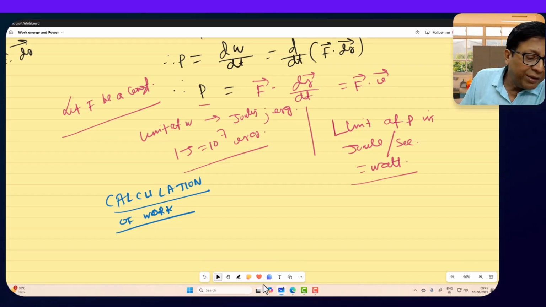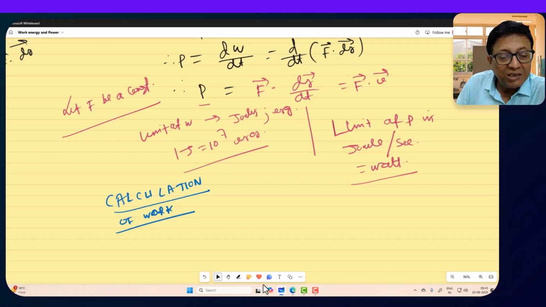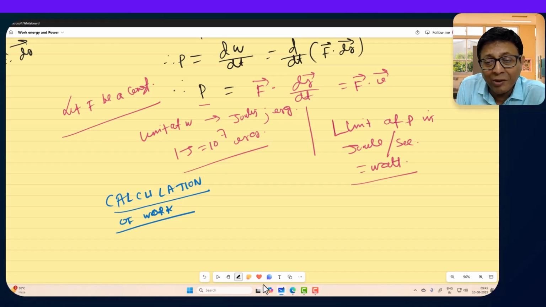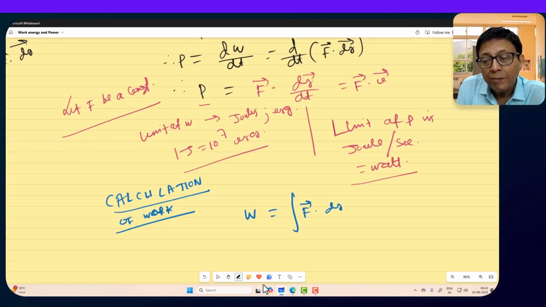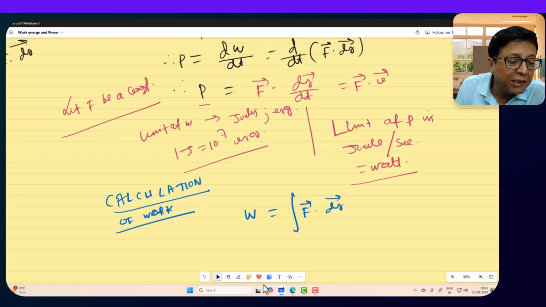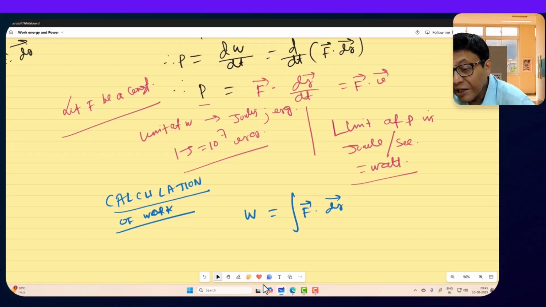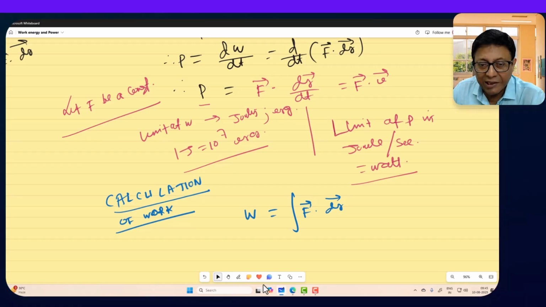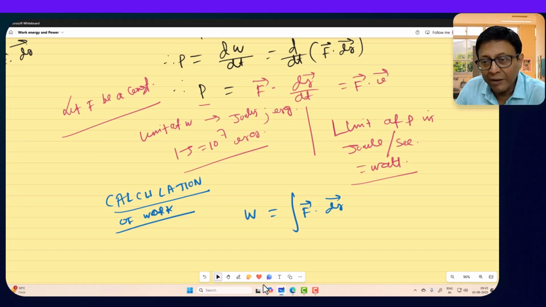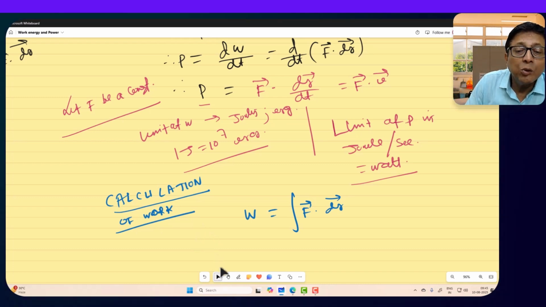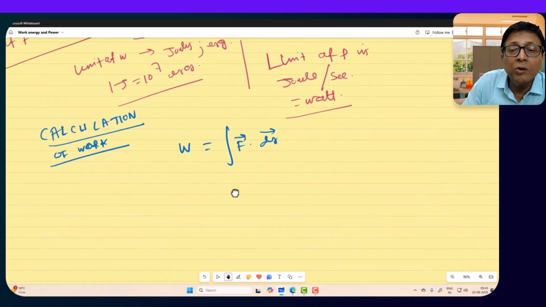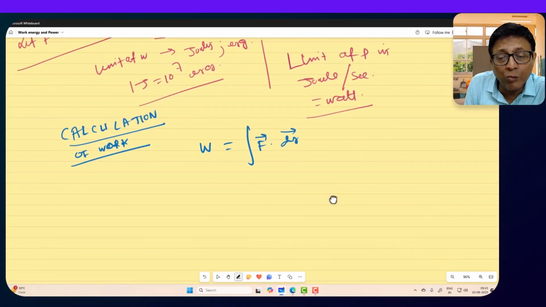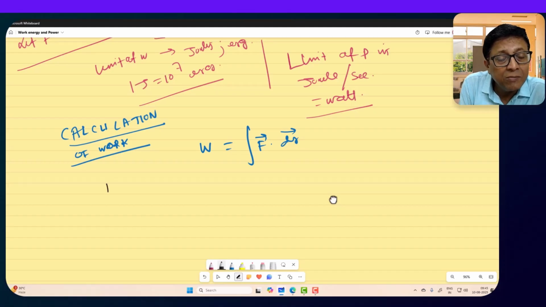How to calculate work done? This work done formula we already got. Net work done is, and this F stands for net resultant force, F dot dr.